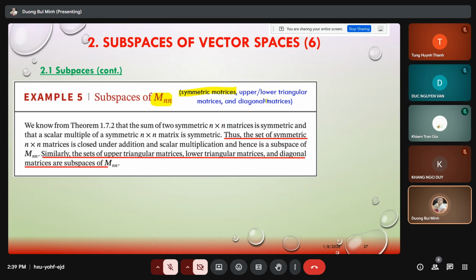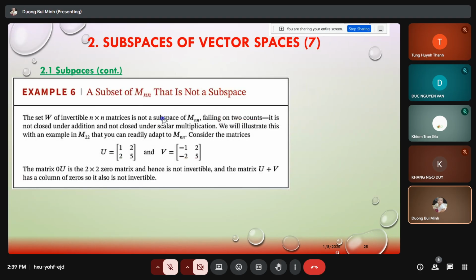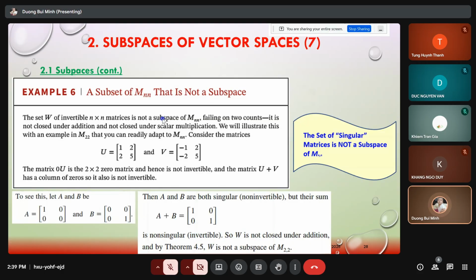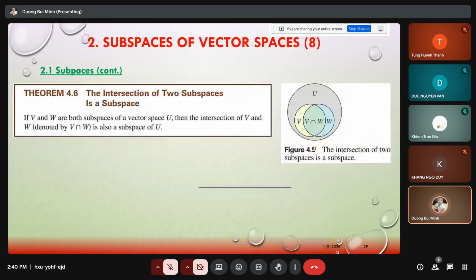We have upper or lower triangular matrices, and diagonal matrices. They are subspaces of the matrix space. This one is just a typical case. For your reference, we talk about invertible. Just remember that the set of singular matrices A of m rows and n columns is not a subspace.